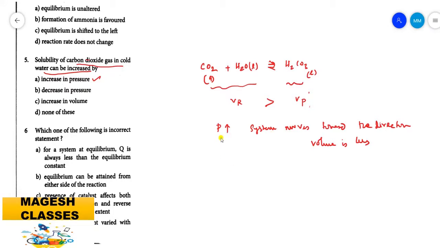According to the equilibrium concept, when the pressure is increased, the volume is decreased, so the system moves towards the direction where the volume is less. So on the right hand side the volume is less, and so with increase of pressure, the solubility increases. The general concept is that solubility also increases with pressure. When you consider B and C, the decrease of pressure and increase of volume are both the same, so these may not be the answer. The answer is increase in pressure.